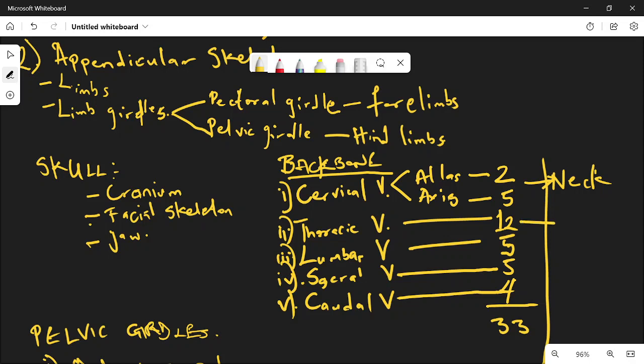Then we have this one here that is found in the chest region.